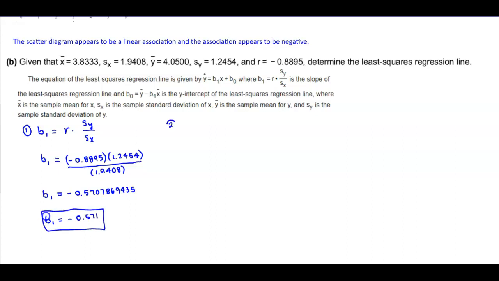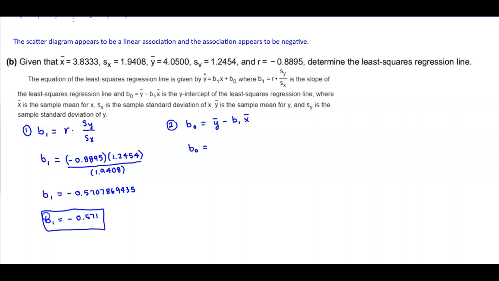Okay, and now we're going to find B subscript 0, which is the y-intercept. That's going to be the mean of the y values minus B subscript 1 times the mean of x.